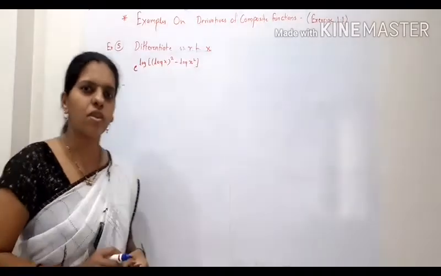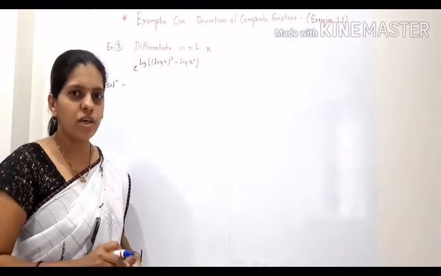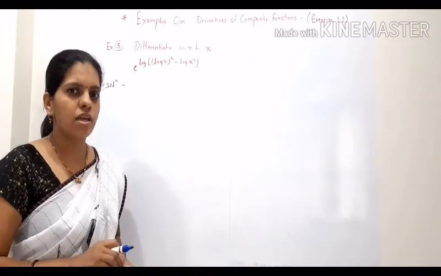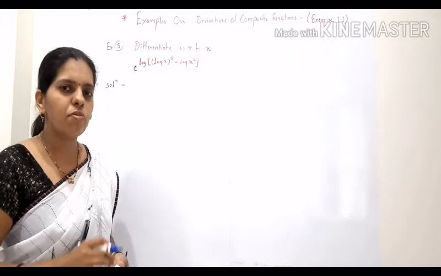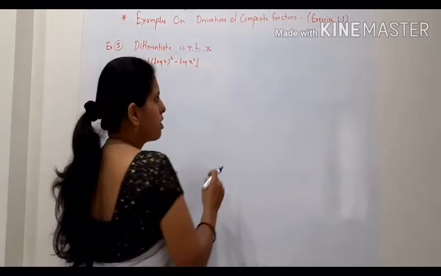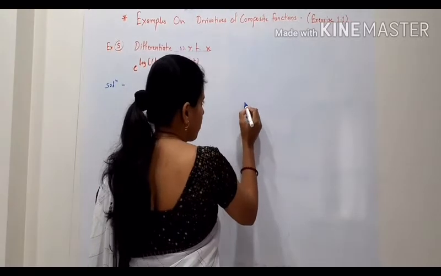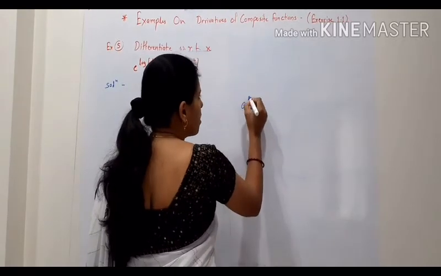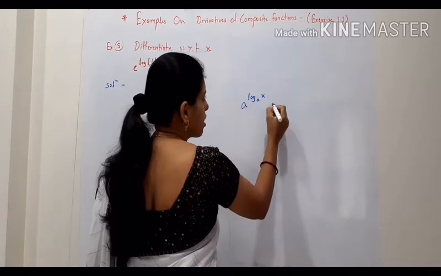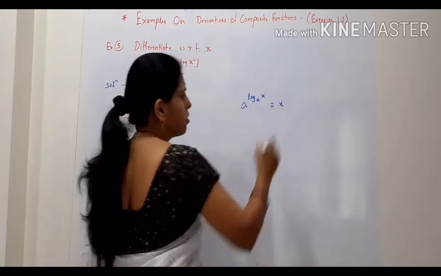Now, we have seen the exponential function and the logarithmic function in the 11th, and the properties of logarithmic functions also. So one property of the logarithmic function here: a raised to log x to the base a is equal to x.